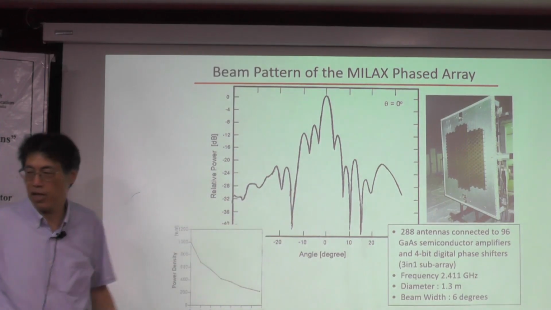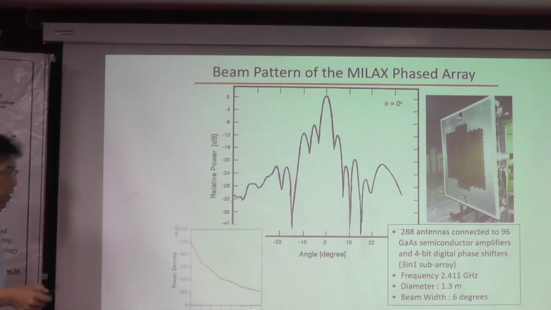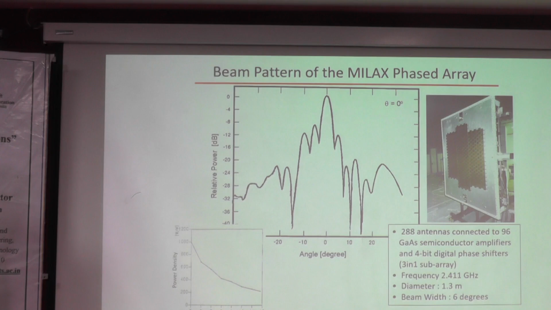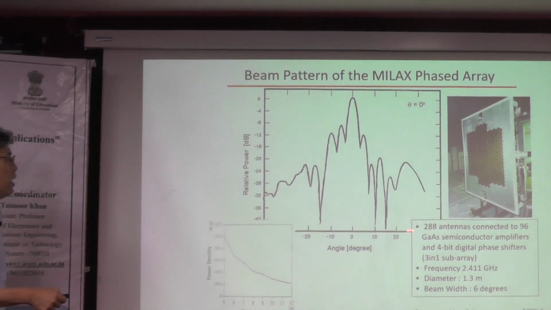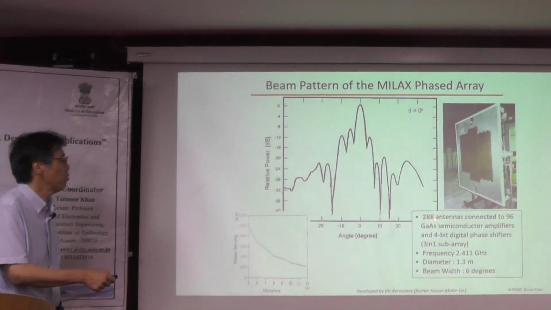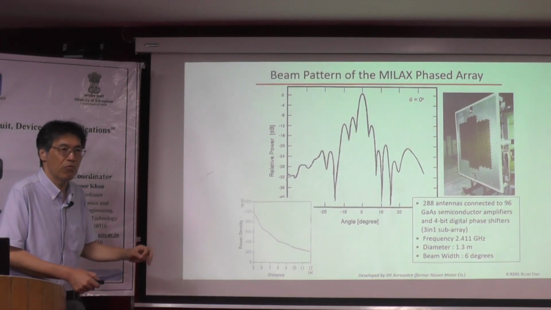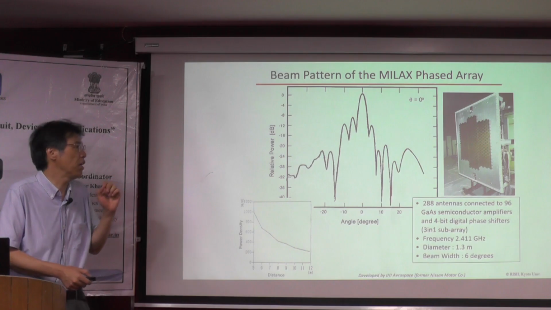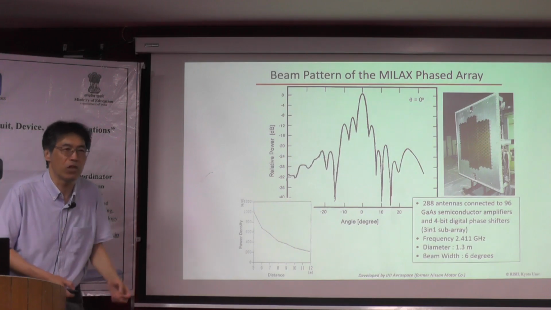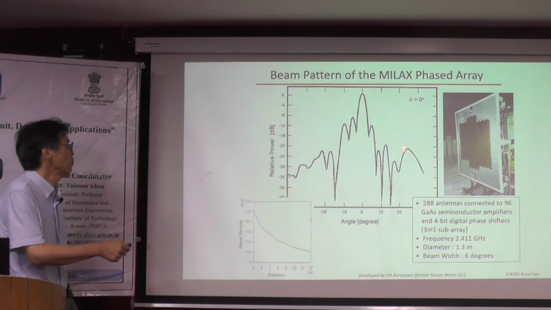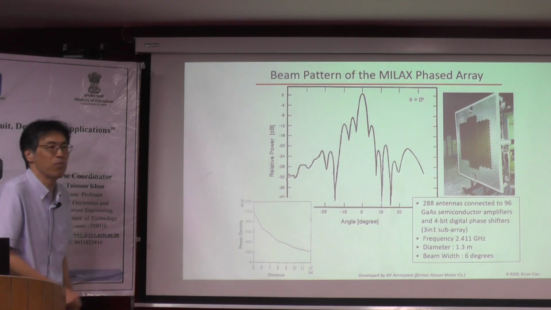The frequency was 2.411 gigahertz, and we installed 228 antennas. For every 3 antennas, we install one phase shifter and amplifier, etc. As a result, this is the measurement data of the beam form, and we can control the beam direction.